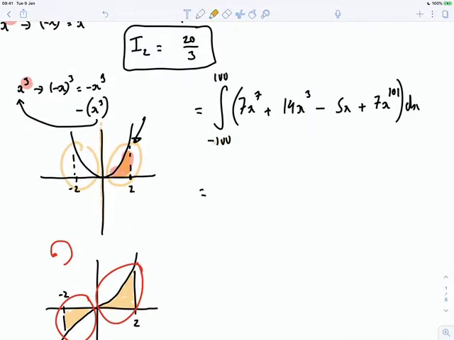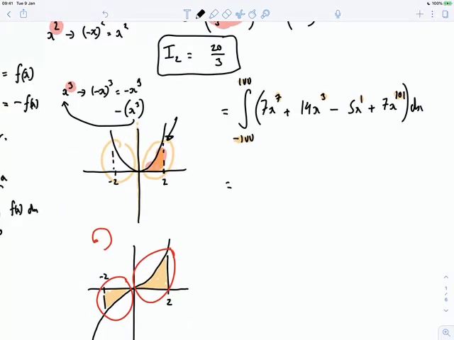Because 1, the limits are symmetric and every single power in the polynomial is an odd number. So I can just jump to the chase, and because I realise that this function is going to be rotationally symmetric about the origin by order 2, this integral is just going to become 0.